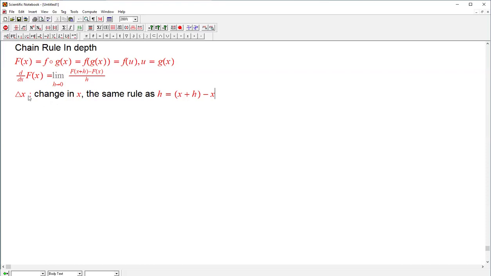So now we have delta x, with the same meaning as h, so we're going to change h to delta x everywhere.